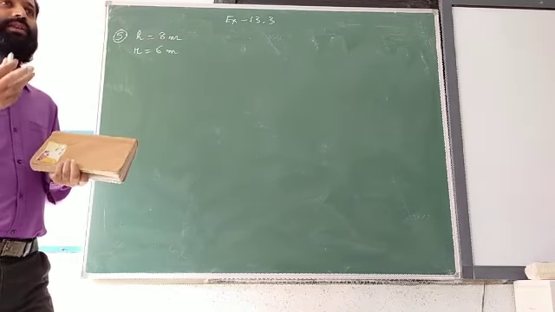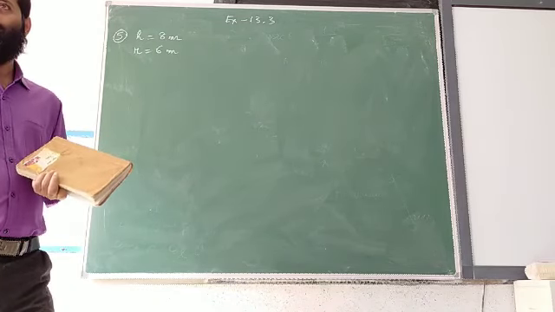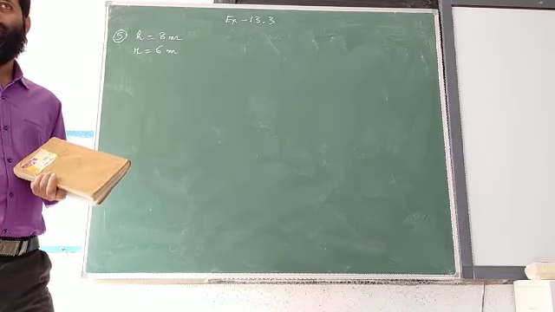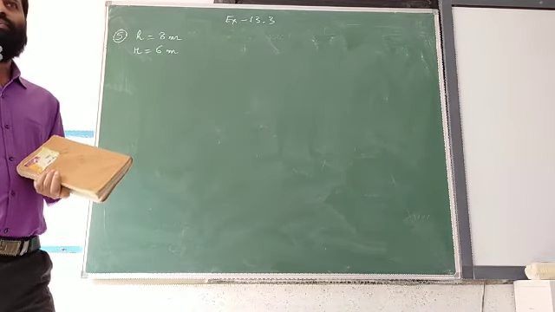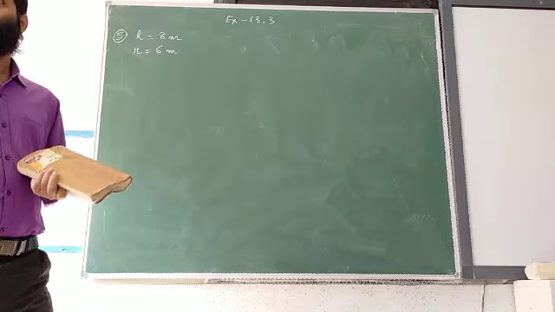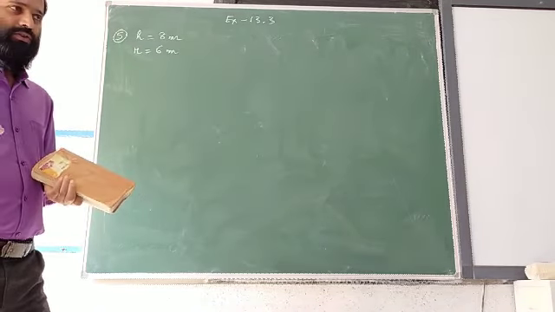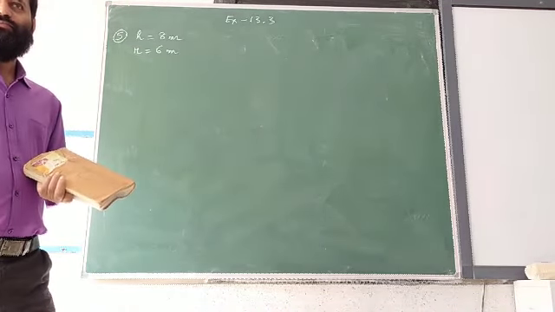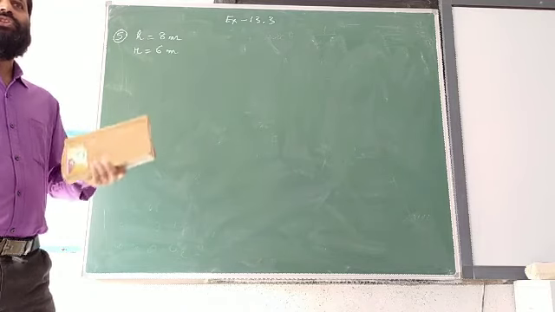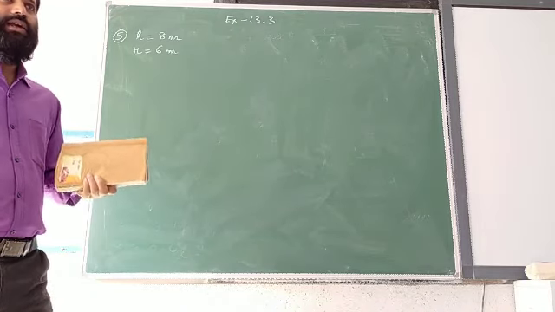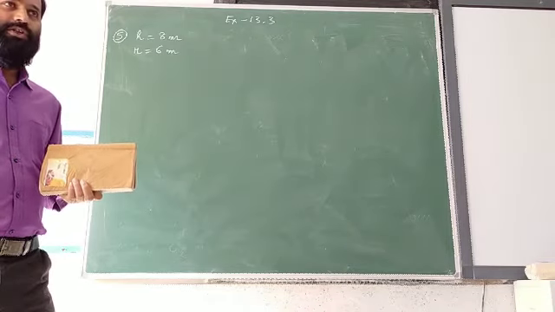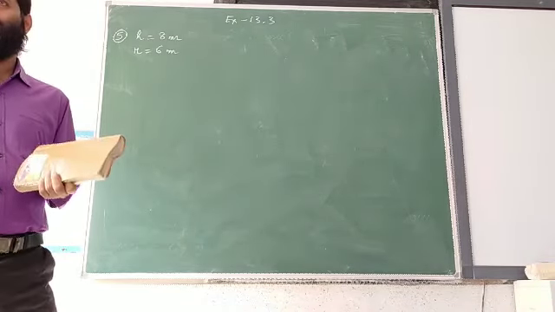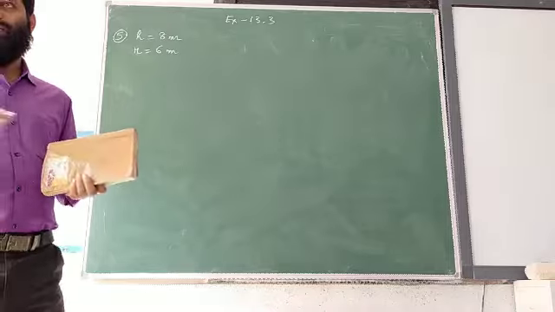When they open and cut, its shape is like a rectangle. Have you seen or not? Yes, sir. Even girls wear churidar and many other things. In the initial stage, it is a rectangle that has been cut and stitched, and it forms different shapes, right? So initially it is in the shape of a rectangle.